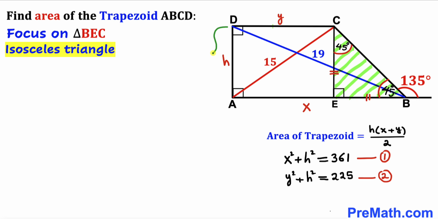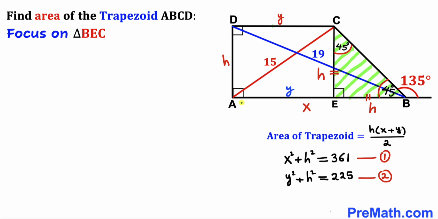We can see that this AD length is h. So therefore this CE length is going to be h as well. And since these two side lengths CE and EB are equal, if this side length is h, then this EB length is going to be h as well. And furthermore, we know that this CD length is y. So therefore, this AE length is going to be y as well.